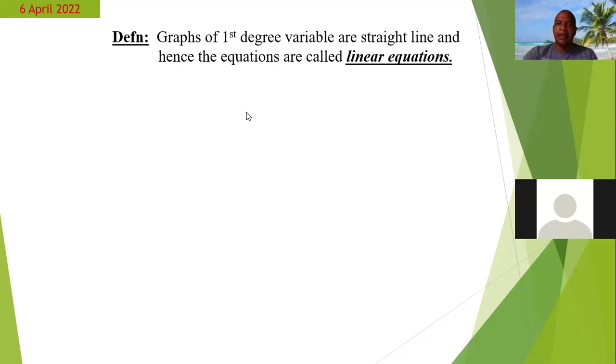All right. Simple equations where x and y are to the power of 1 will always give you a straight line. So we also call the graph of a simple equation a linear equation, because when we plot them, we get a straight line.